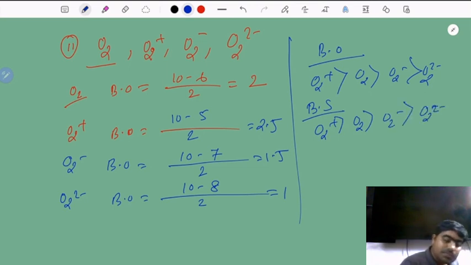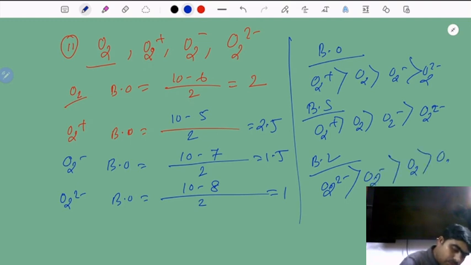If the question is bond length, then it is the reverse order. Which one is maximum? O2 2 minus, then O2 minus, then O2, then O2 plus. O2 plus has maximum bond order, which means minimum bond length.